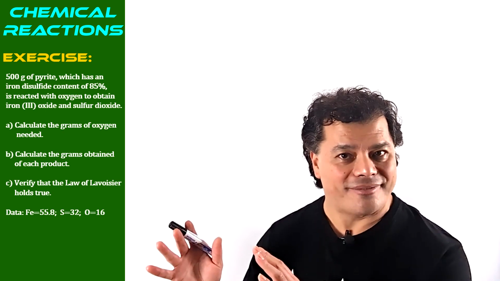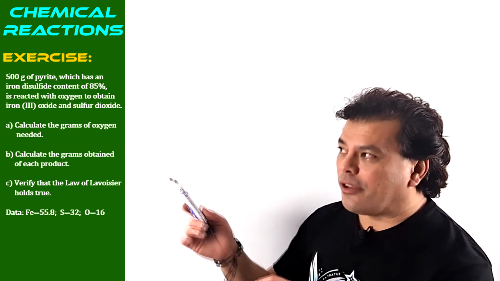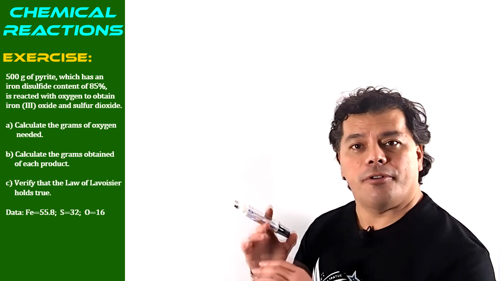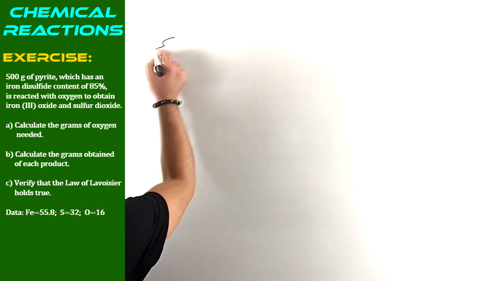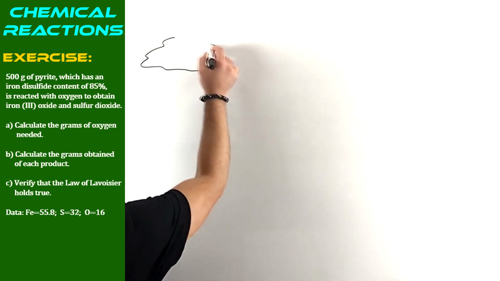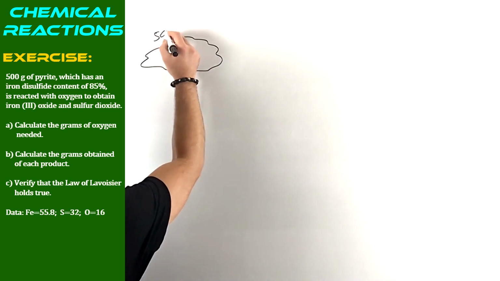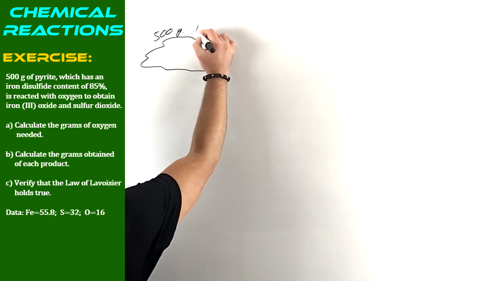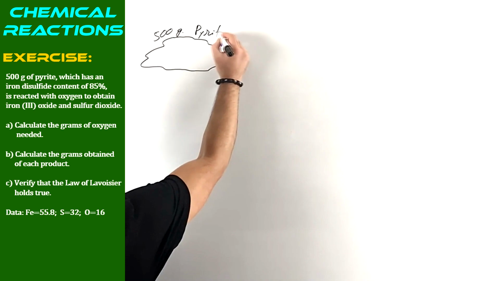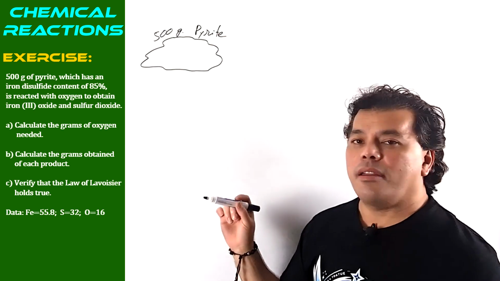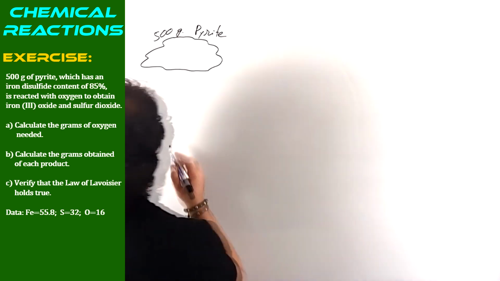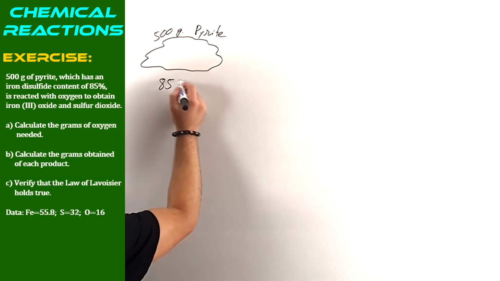So let's begin. First of all, let me draw the 500 grams of pyrite for you in order to understand the situation. They are giving us 500 grams of pyrite. Here you have it. And they are telling us the content in iron disulfide, and they say that it's 85%.